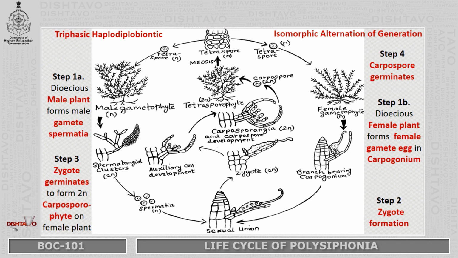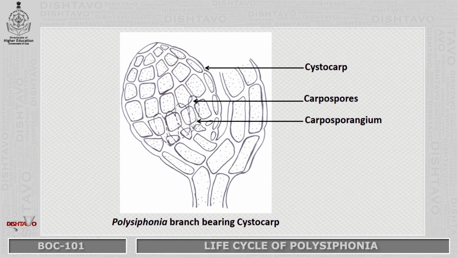In this life cycle, there is a diversion. The diploid zygote does not directly form the carposporophyte. The carposporophyte, which is dependent on the female plant, shows a fruiting body. To magnify this, this is the picture wherein it shows the cystocarp, the fruiting body.